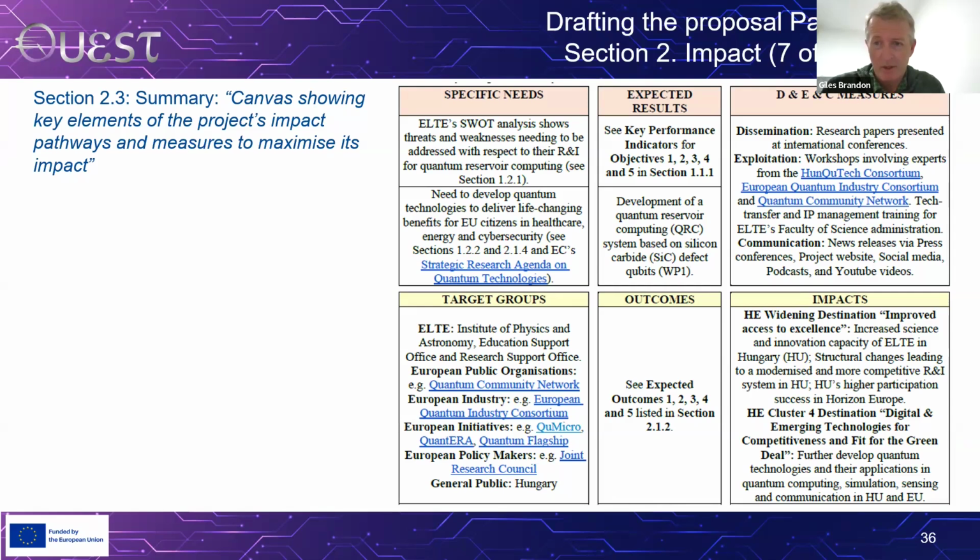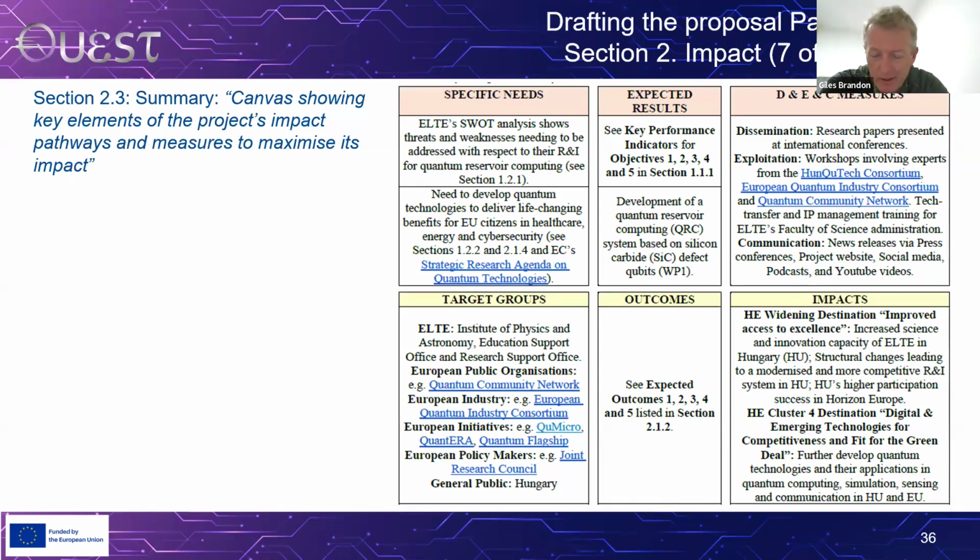All the titles at the top: specific needs, expected results, D&E and C measures, target groups, outcomes, impacts. This is from the canvas that the Commission wants us to complete. What is different, what they don't provide, is they don't really say, look, this is the precise information that you should put into it.